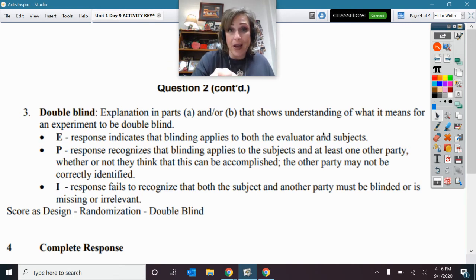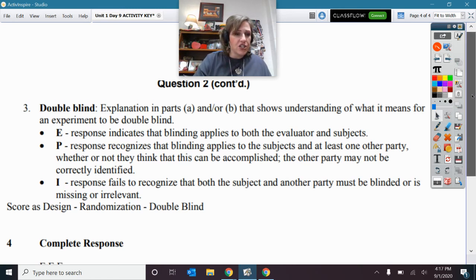I guarantee you right now, this would have been marked off if you did not include that neither the subject nor the person evaluating the waterproofing damage, it has to be in context. Partially, you say that blinding applies, but to at least one of the parties, but you're not sure which one, or maybe you just don't correctly identify or communicate it very well. Okay. All right. So there's how you get that.